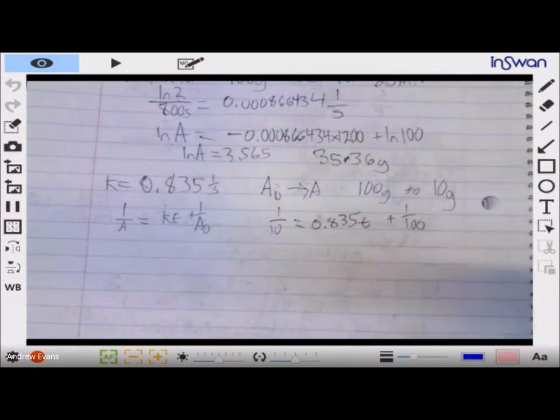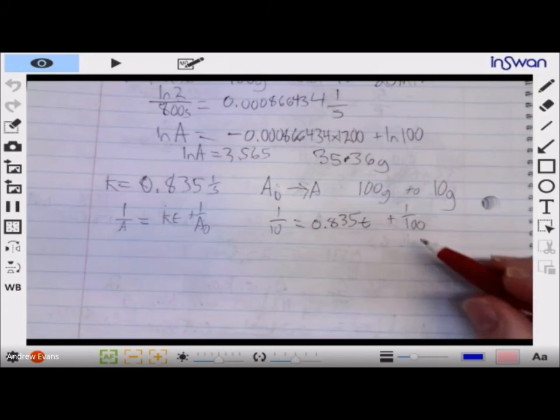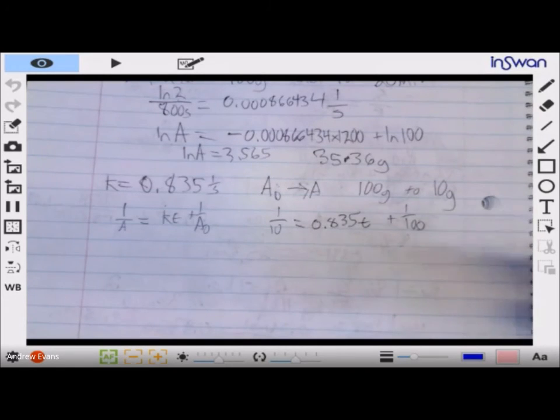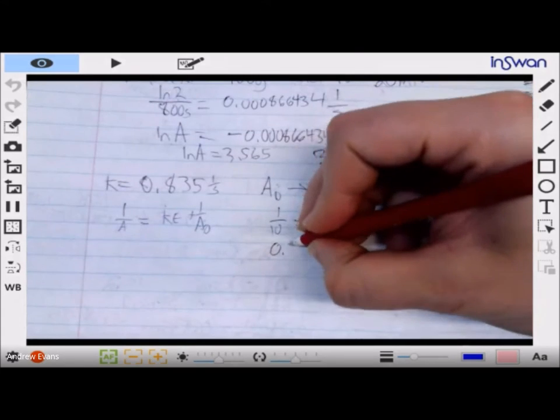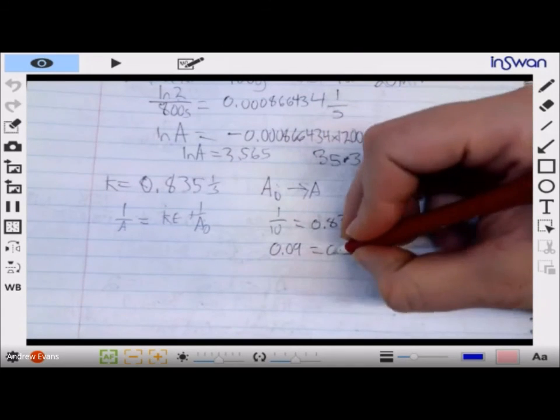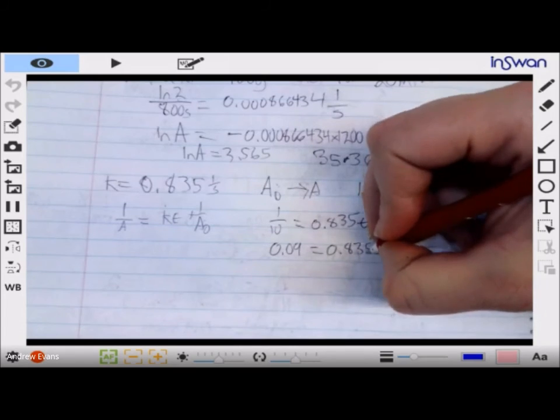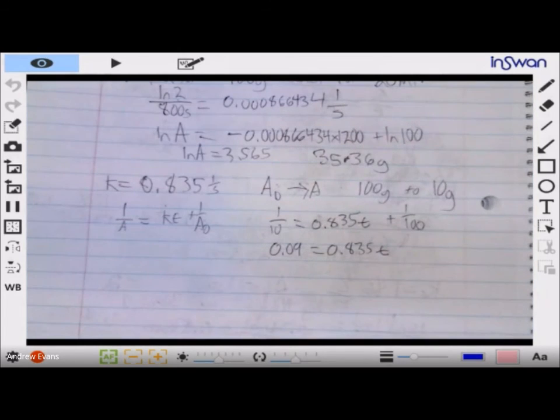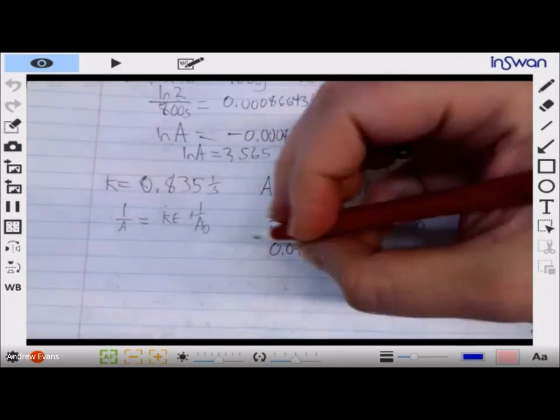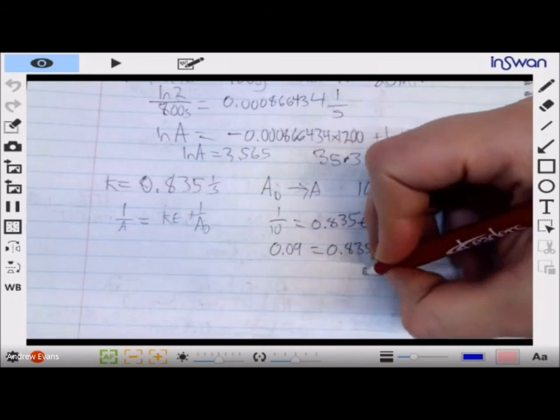First I'll move 1 over A sub 0 to the other side, so I subtract 1 over 100 from both sides. I'd have 0.09 equals 0.835 t. And then I divide by 0.835, and I would get the time.